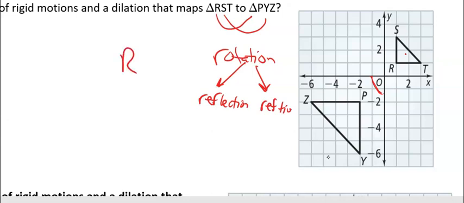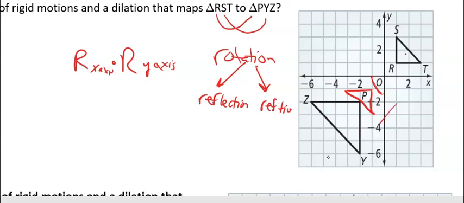We are going to reflect first over the y-axis, then reflect over the x-axis. And if I did that, the triangle would be here. Now, does it look like we can dilate from the origin to stick it on top of this other one?